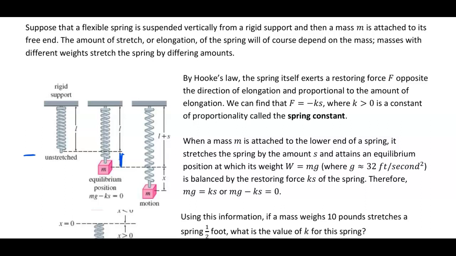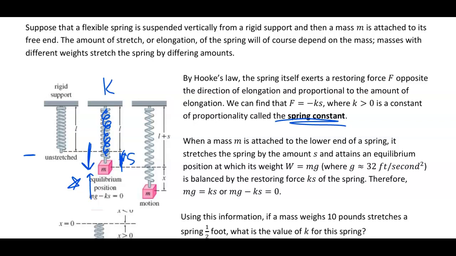And then once it sits here in this equilibrium position, that means that the mass and gravity must be equal to whatever the spring constant is. We're going to call that K. This proportionality constant, times that S piece right here. So that's kind of like the opposing force, if you will, so that it just sits in equilibrium.